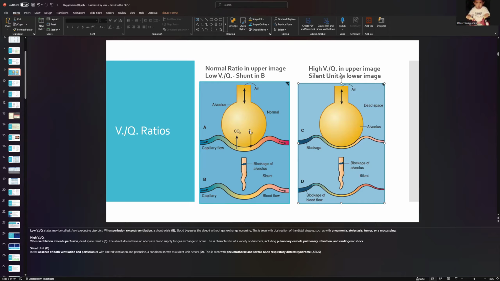If you understand how normal gas exchange happens, these two are just where it happens, which side of the equation is lacking or is being blocked.